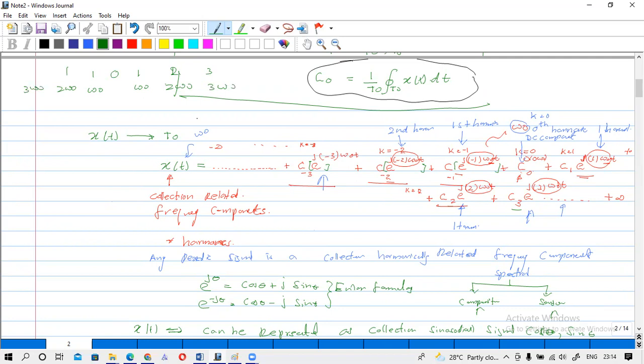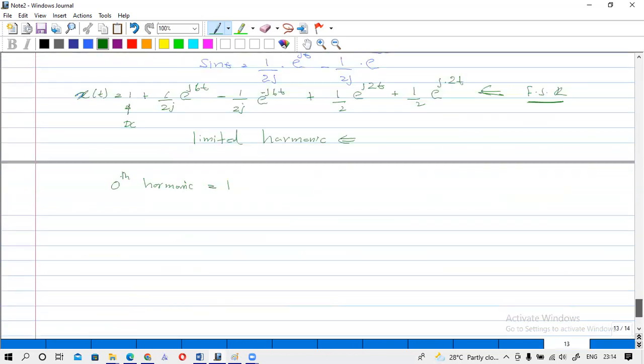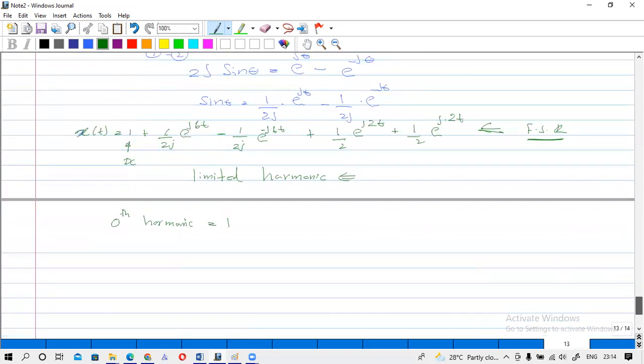So all harmonics are written with respect to omega naught, and the multiplier of omega naught is the harmonic number. This one also we will write in terms of omega naught.